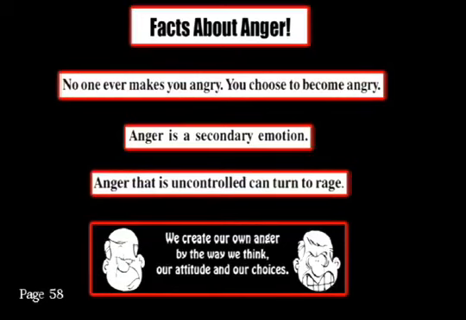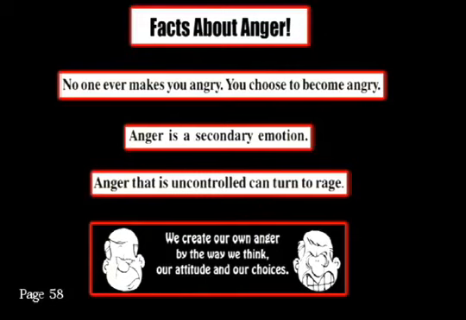Well, as we're learning, you became angry, but your anger was a result of not controlling your first emotion, because we learned that anger is a secondary emotion. That means that you don't get angry first. You usually feel another emotion before you become angry.